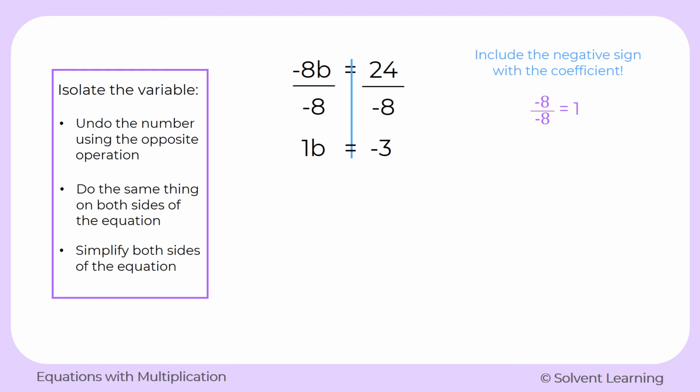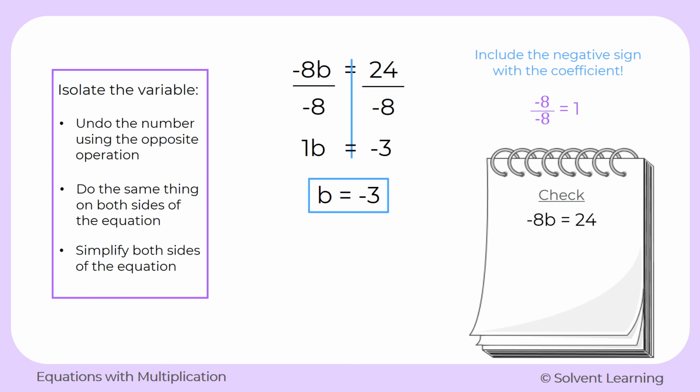And of course, when we have 1 times b, it really just means that we have b there. So we can write this over as b equals -3. And we can tell that it's solved because the variable b is by itself. It's isolated on one side. We have our equal sign and then our number -3 on the other side. But let's check and make sure that it is correct.